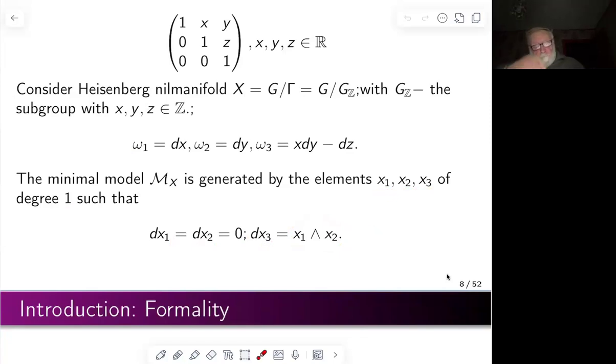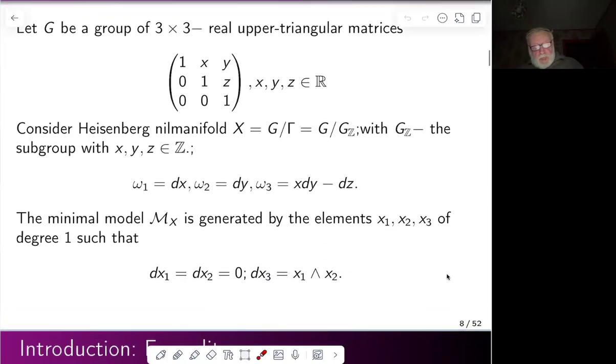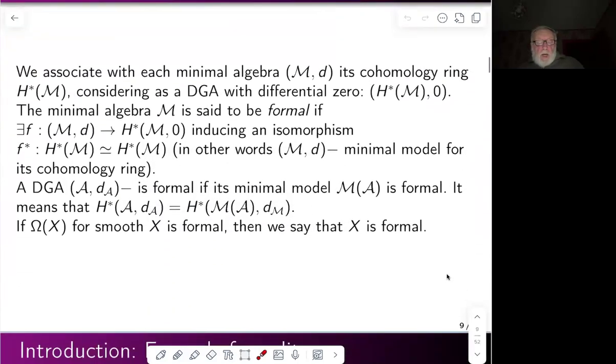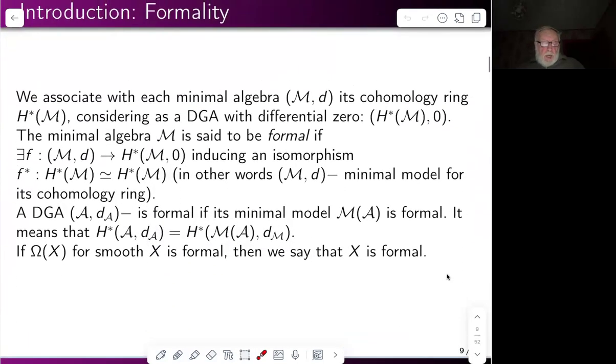In fact, it means that this manifold has a different formality property, and I want to explain what this means. The notion of formality is the following.